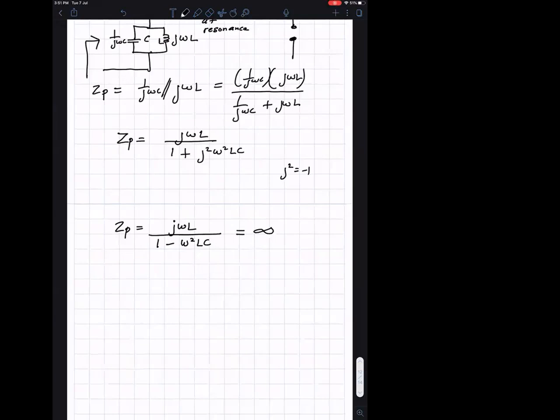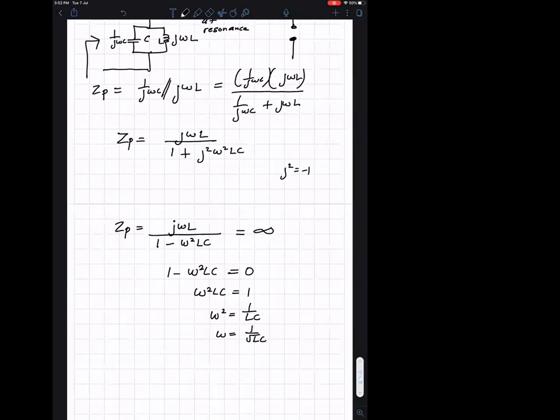Therefore, what should I do to this equation to make it go to infinity? Must make the denominator, the down part, become equal to 0. Okay, very good. Who's that? Aravindan, sir. Good. So omega squared is equal to 1 over LC. Then omega is the square root of 1 over LC.